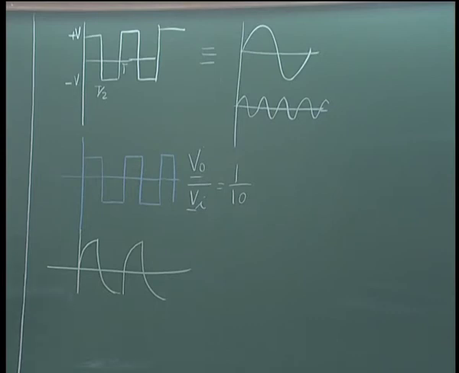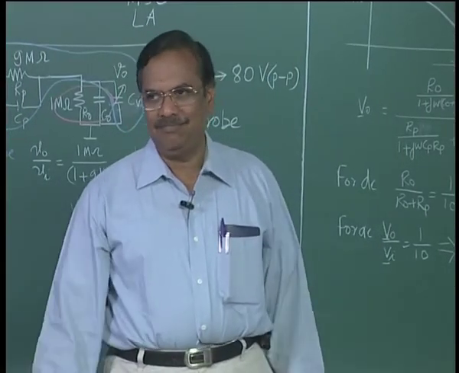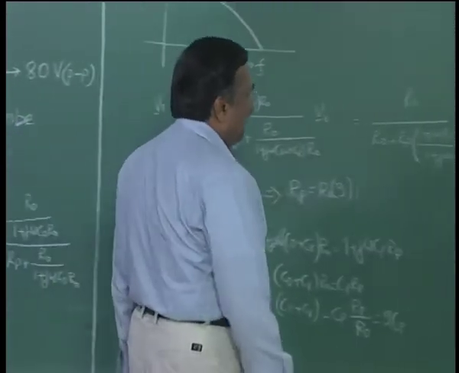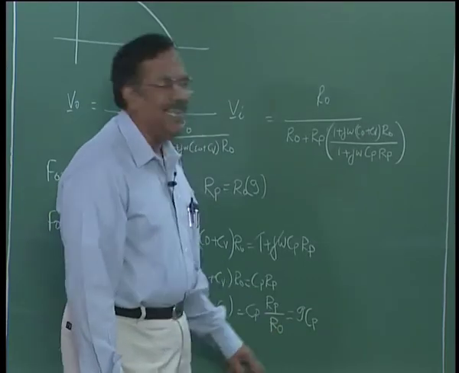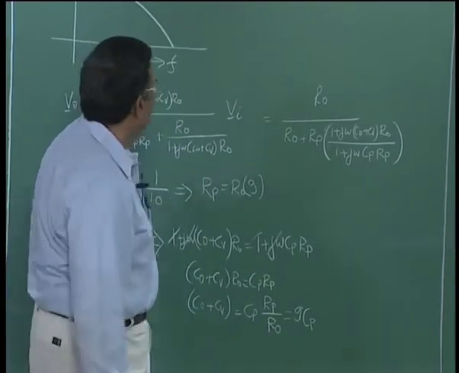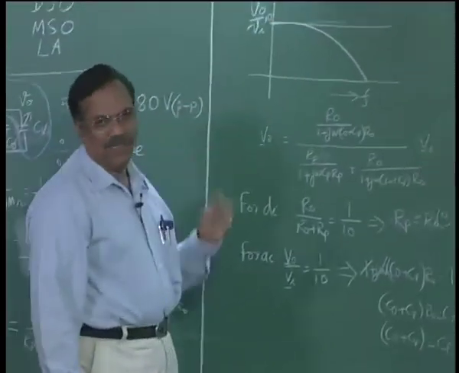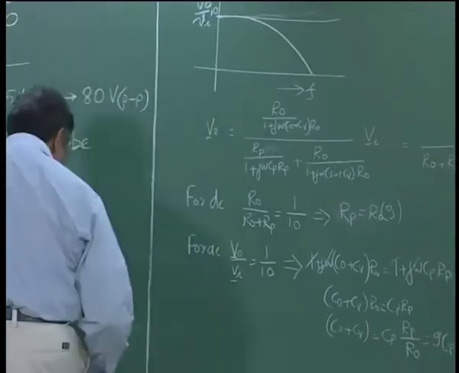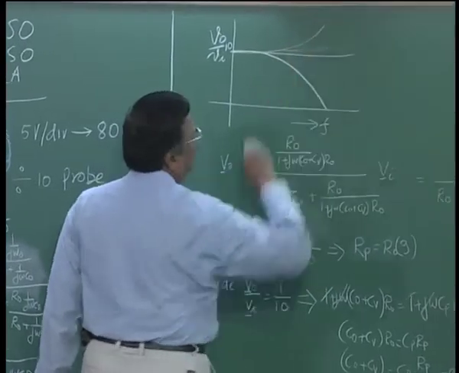This is a worst case attenuation, right. The deviation from the expected C naught plus C V equal to 9 times C P is very large, right. Now, if I have the condition that C naught plus C V is less than 9 times C P, this network will become a high pass filter, right, which means higher frequencies would be amplified.